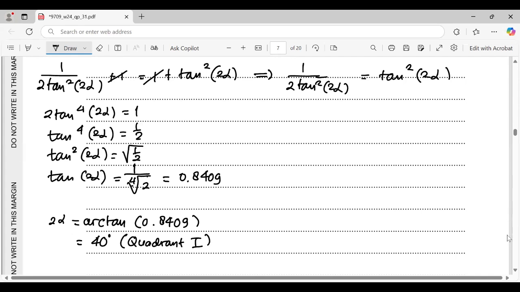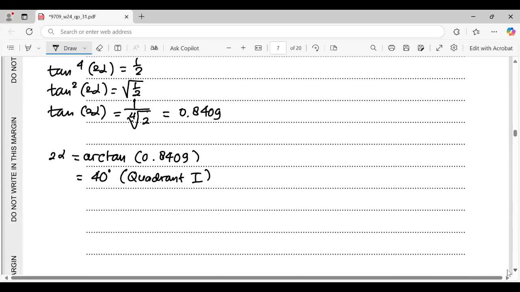Next, 2 alpha equals 40, or also we can state that 2 alpha equals 180 minus 40, equal to 140 degrees. This is on quadrant 2.